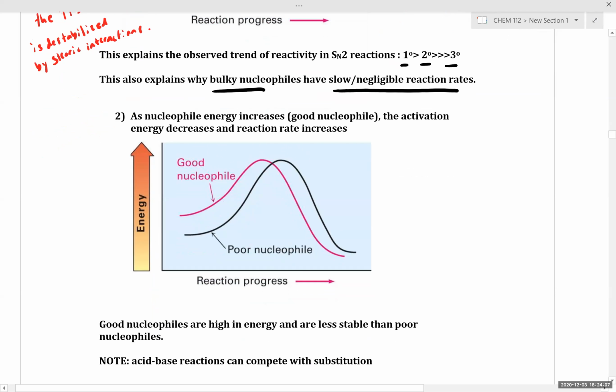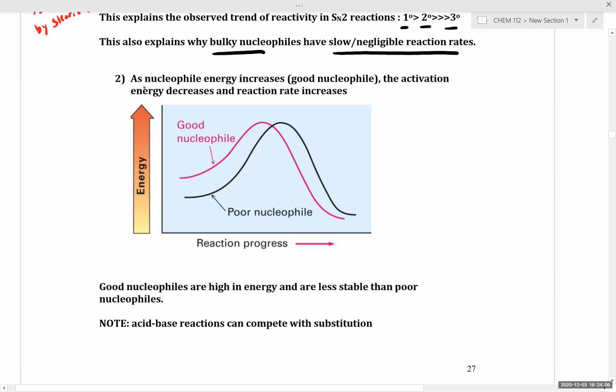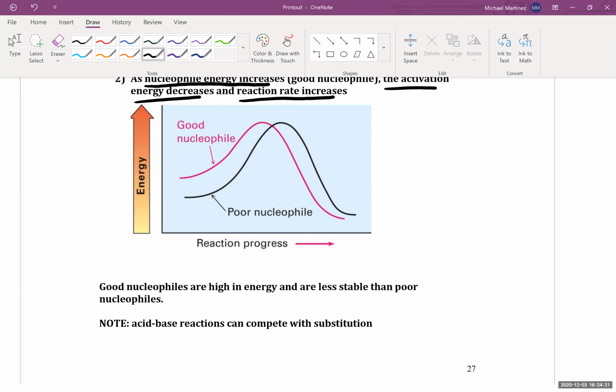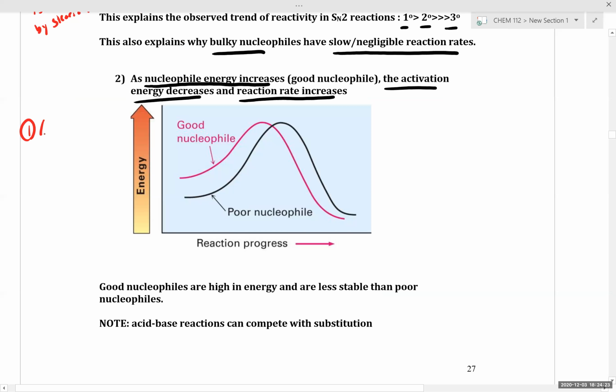Okay, let's talk about this next effect. As nucleophile energy increases, the activation energy decreases and the reaction rate increases. Okay, so let's line up our premises here. So we know that a good nucleophile is high in energy.